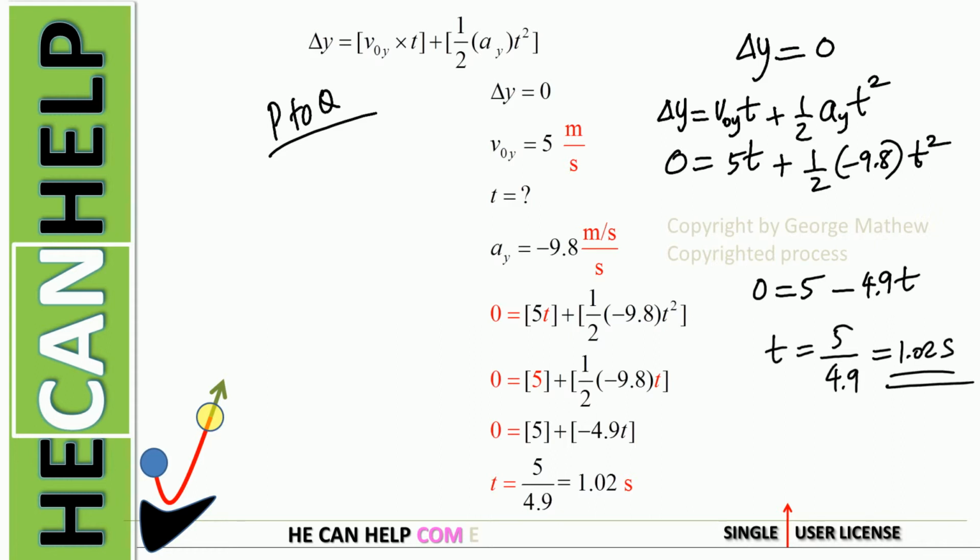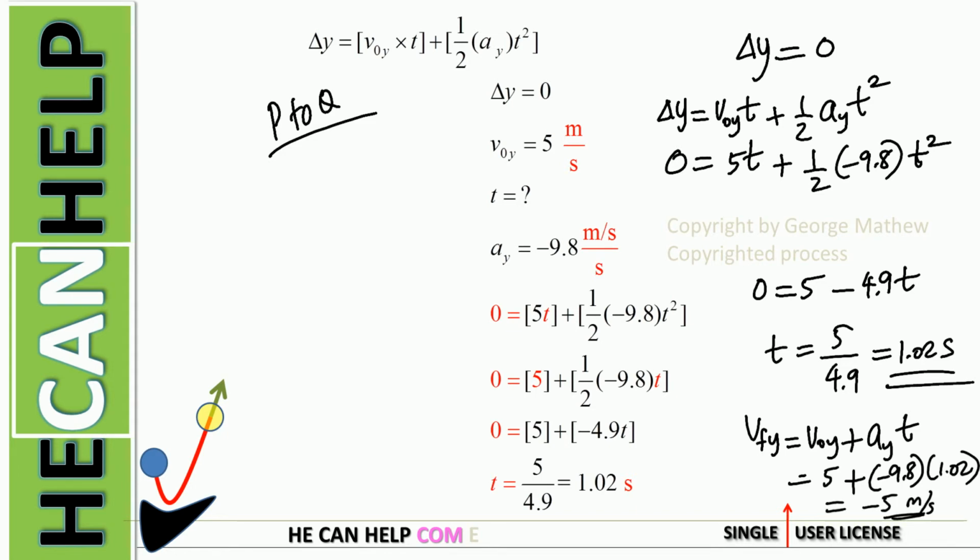Once we have time equal to 1.02 seconds, we can go to v final y is equal to v initial y plus acceleration along the vertical times time. Initial velocity along the vertical is positive 5, acceleration along the vertical is negative 9.8, times time 1.02, from which you get negative 5 meters per second.